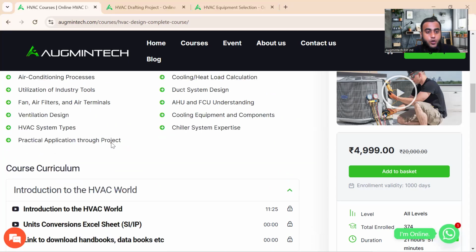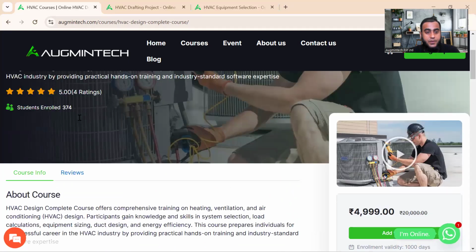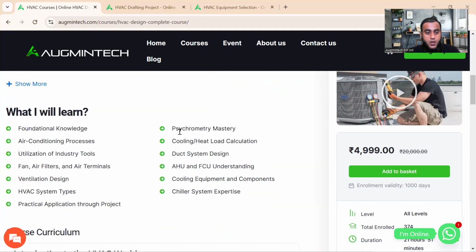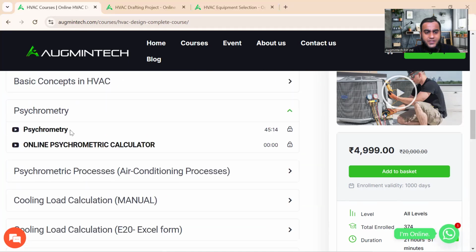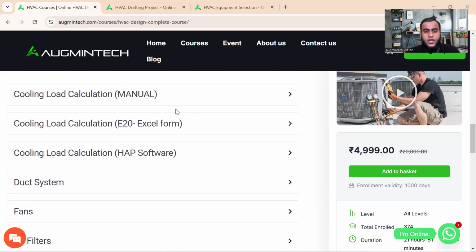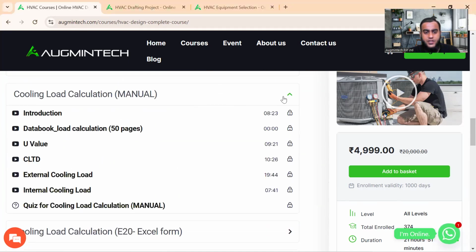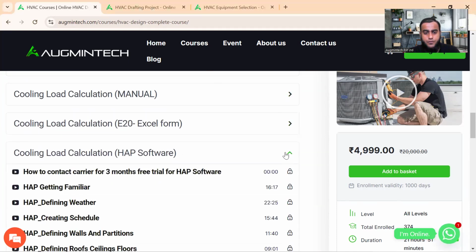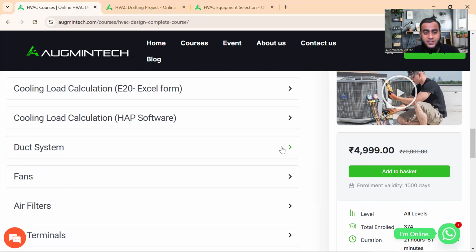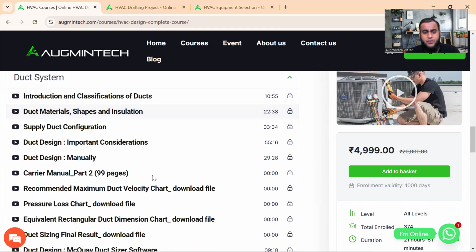See, the topics which we are going to cover in our complete HVAC design course: first, you will get the introduction to HVAC psychrometry, even load calculation, which we will show you by using the E20 method in detail. Even by using the HAP software, you will get the load calculation, duct system design, everything we'll discuss here.